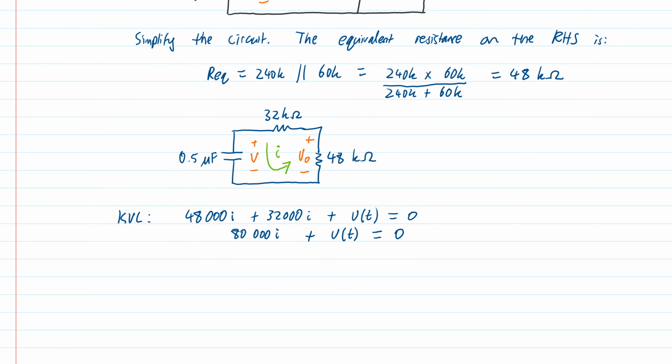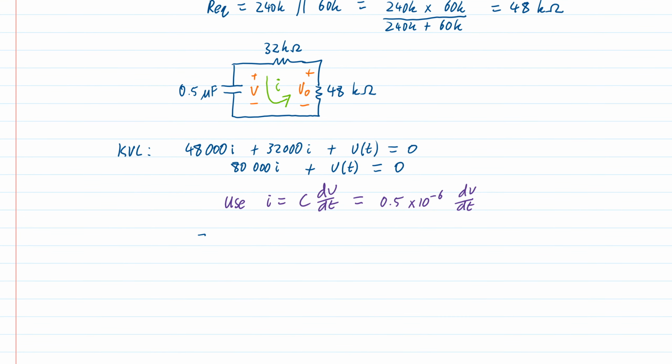Now at this point I need to eliminate one of these variables, so I will use I is C dV/dt, and the capacitance here is 0.5 microfarads, so that's 0.5 times 10 to the minus 6 times dV/dt, and I will substitute that into my equation above. So I have 80,000 times 0.5 times 10 to the minus 6 times dV/dt plus V of t is equal to 0.